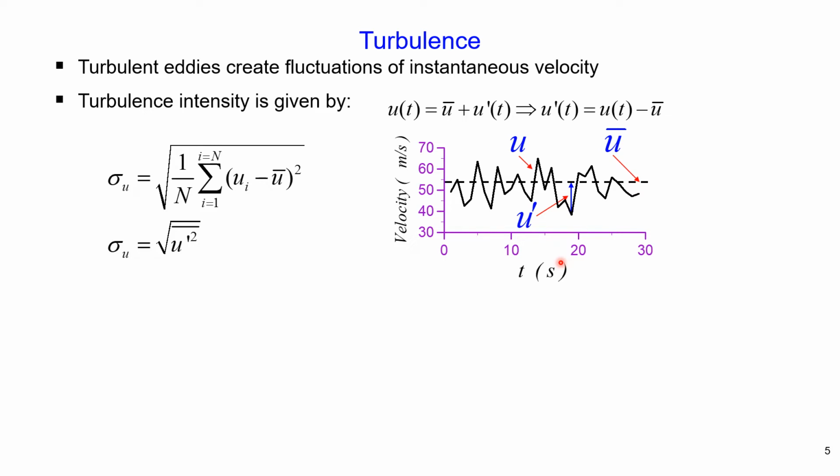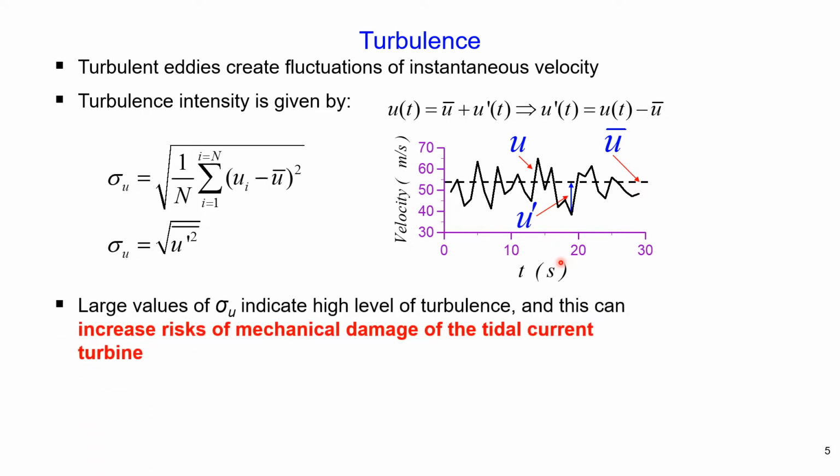Large values of turbulence intensity indicate a high level of turbulence, and this can increase the risk of mechanical damage of the tidal current turbine. Therefore, engineers need to take into account the level of turbulence, which can be expressed through the values of turbulence intensity.